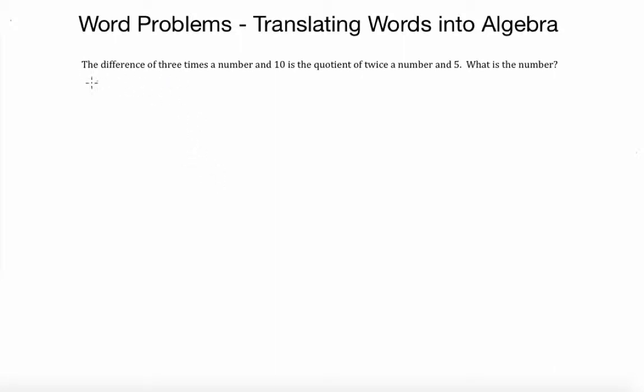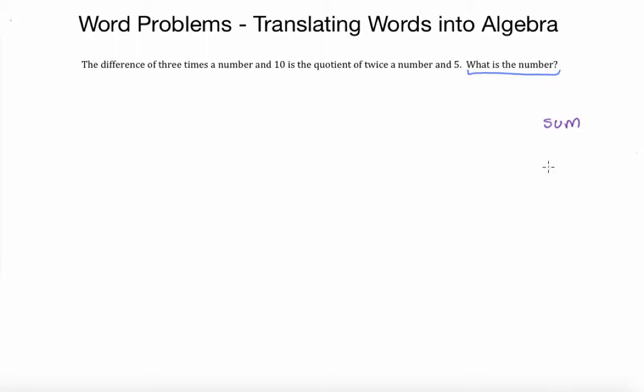Okay, so my problem is: the difference of 3 times a number and 10 is the quotient of twice a number and 5. And I'm asked to find what is that unknown number. Well, there's 4 key things we want to look for, especially in word problems like this.